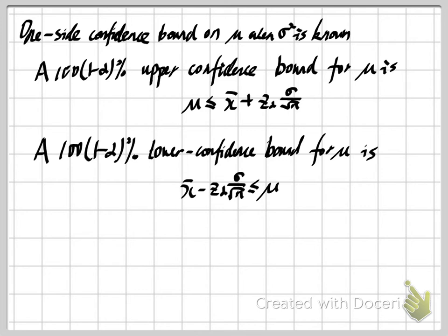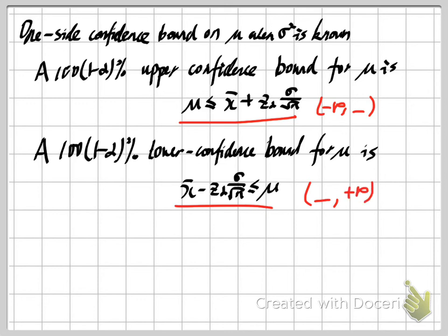We also have the 100(1 minus alpha) percent upper and lower confidence bounds for our population mean when the population variance is known. This is actually just a one-sided interval. You can think of the upper one as going from negative infinity to this term, and the lower one as going from a given term to positive infinity.